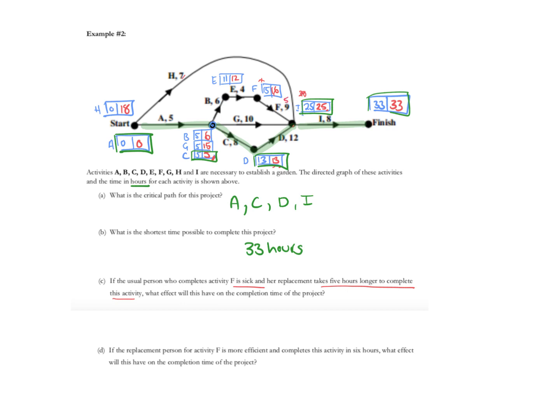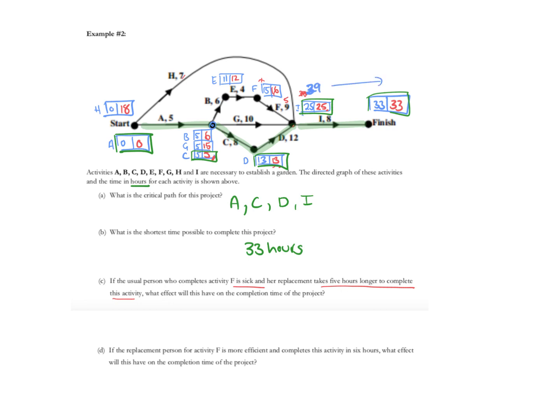It will affect it. So if you're at F, she's going to take, what did it say? 4 hours or 5 hours more. So this is now going to take 14 hours. So 15 plus 14 is 29, sorry.